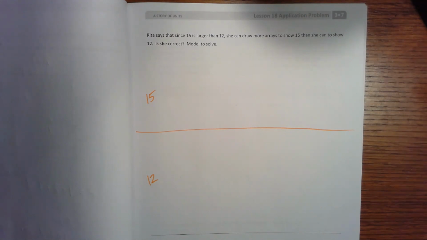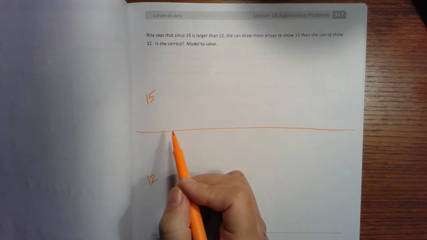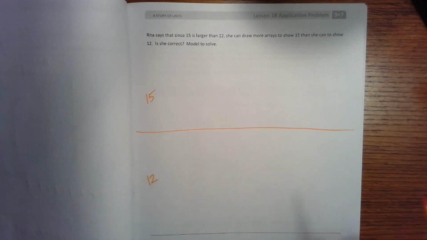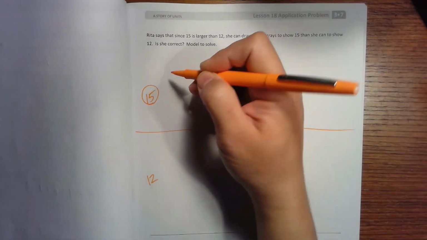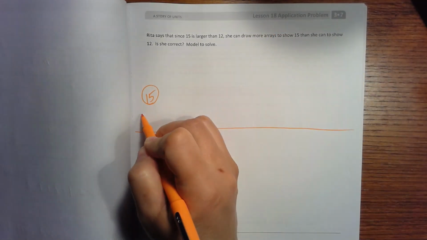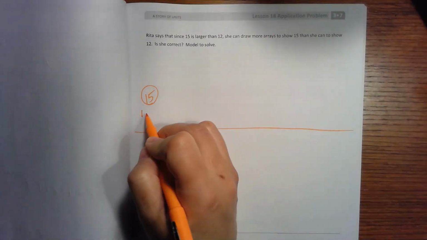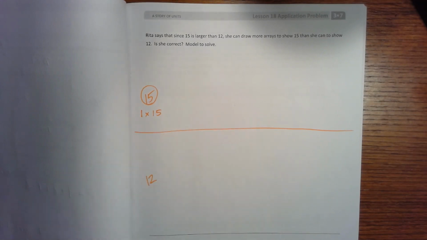More arrays to show 15. Well, if we want to make an array, we need to think of multiplication facts. We can list all the pairs of factors that make 15 when you multiply them. And boys and girls, it's maybe been a while since you did this, but we can start with 1. So the factor 1 times 15, that's going to be one of our arrays.